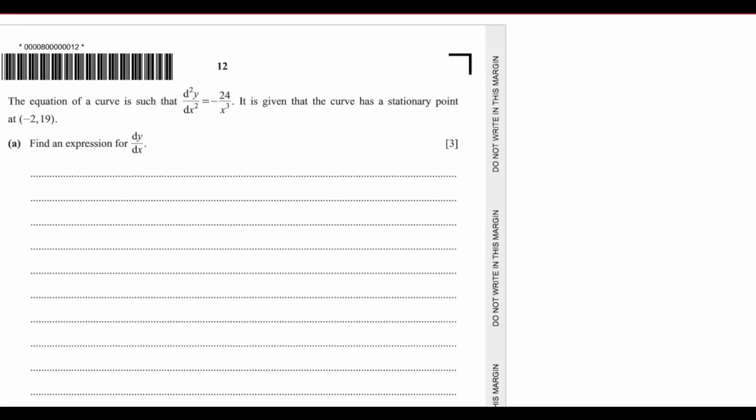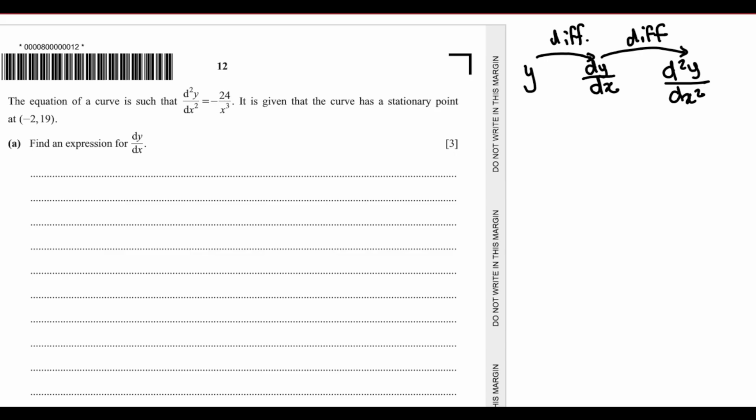Now, how can we do that? To go from y to dy dx, you need to differentiate, and then from dy dx to the second derivative, you also need to differentiate.